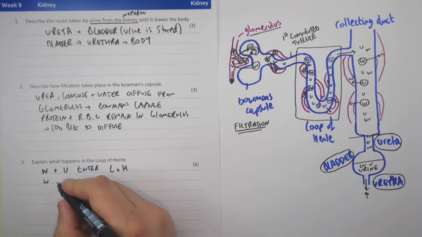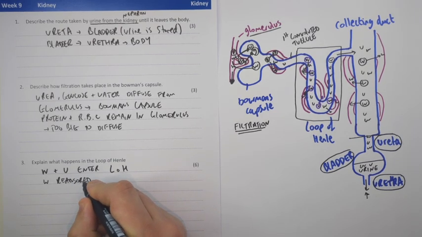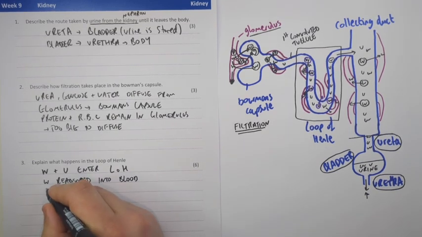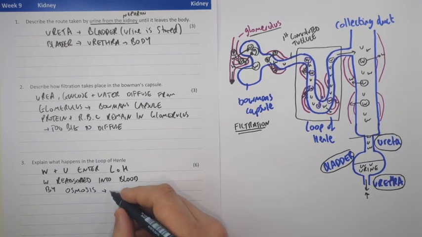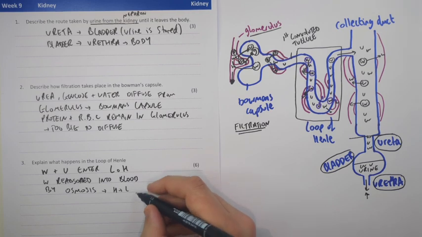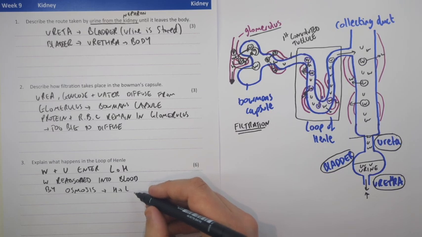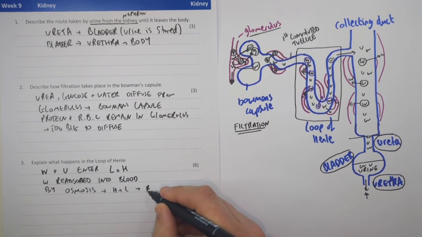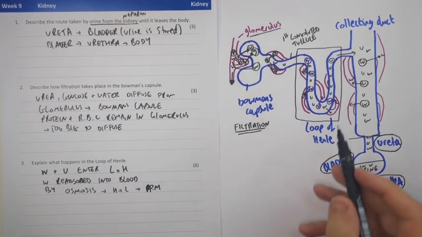Water is reabsorbed into the blood by osmosis. Always define osmosis. It's going from a high to low solute concentration or water potential, either one, through a partially permeable membrane. So for a partially permeable membrane, always write that out fully.